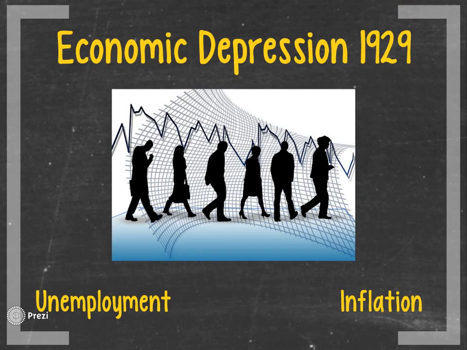Okay, the other big factor in the war, besides ethnic minorities, besides political unrest, was economic depression. Now, the economic depression hit here in 1929, and it hit especially hard in Europe, especially hard in Germany, where unemployment was up around a third of the population, about 33%. Right here in the United States, it's about 5%. So imagine 33%.